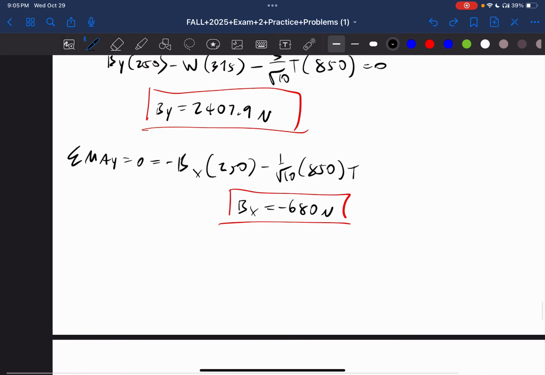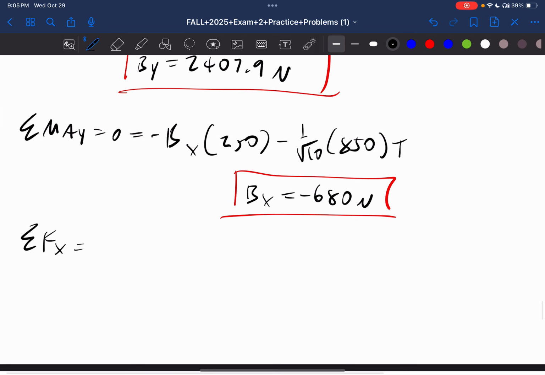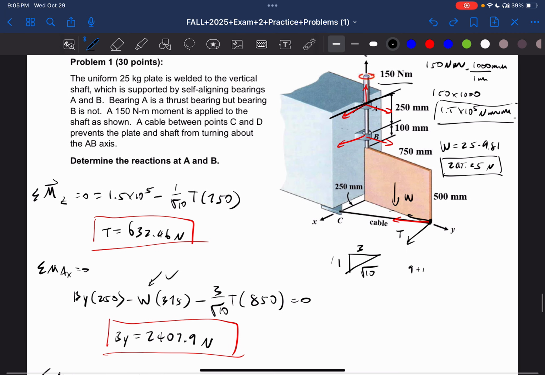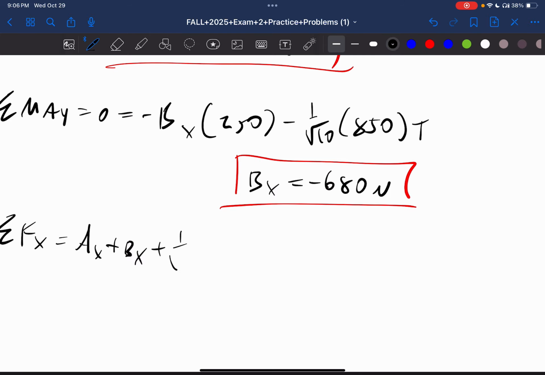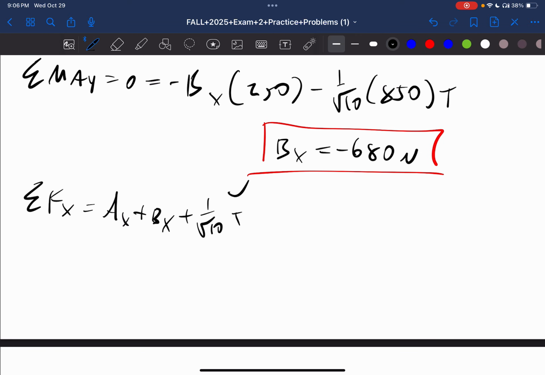So the sum of the forces in the x direction will be equal to Ax plus Bx, both of these added together, plus this guy in the x direction, which is 1 over square root of 10 plus 1 over square root of 10 times tension. So this is known. This is known. So we can just have Ax equal to 480 once you plug it all in and solve.